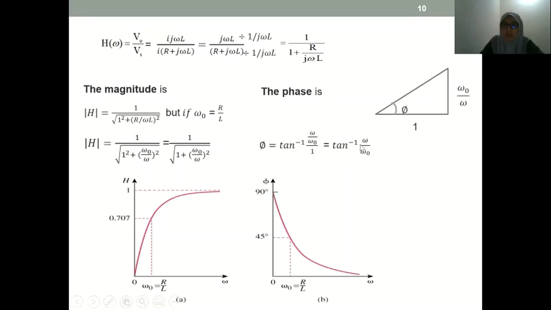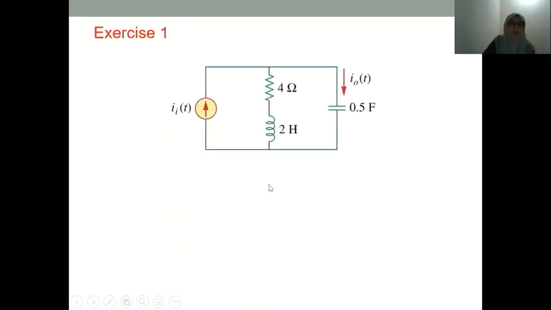And when you substitute your omega with infinity, you can get your angle at infinity is 0. Okay, when your omega is equivalent to omega naught, you will get the angle at positive 45 degree. Okay, so you can have a try.